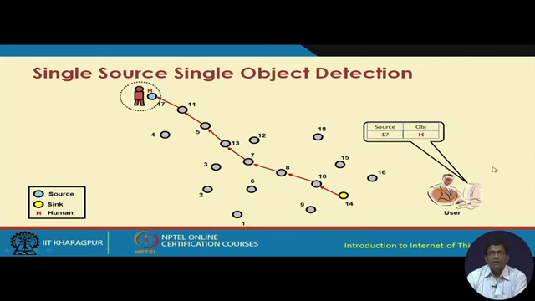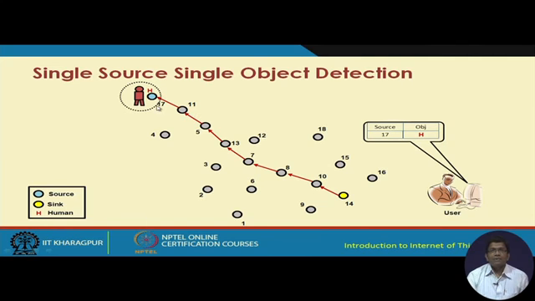Now, let us look at a few important concepts in sensor networks. We have seen that in sensor networks we have different sensor nodes deployed in a particular region. These sensor nodes have to communicate via multi-hop communication. Let us say we have a surveillance kind of application where it is required to detect objects.